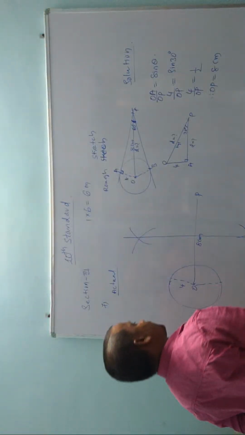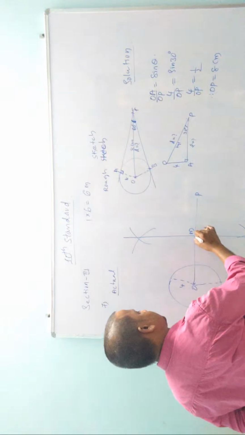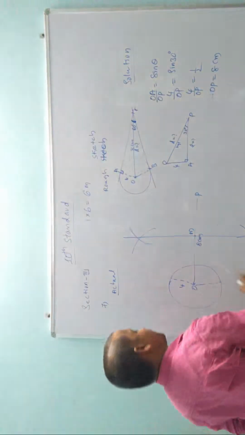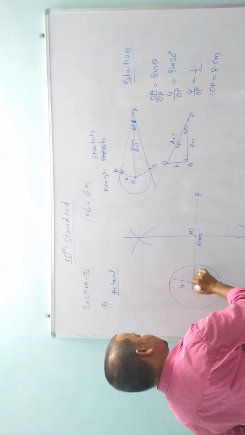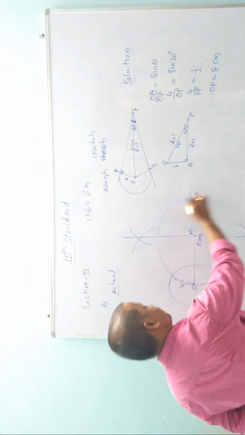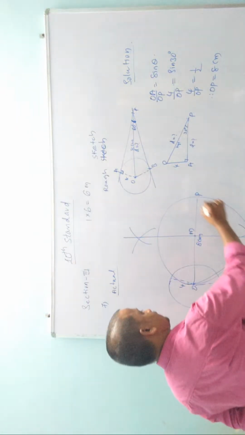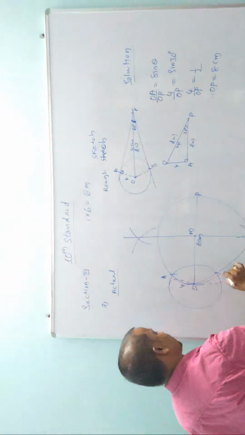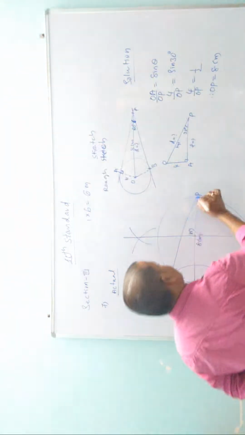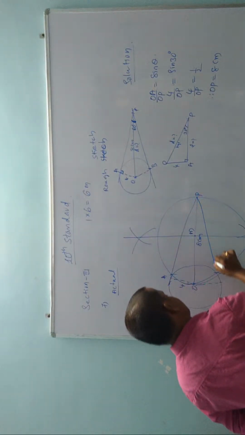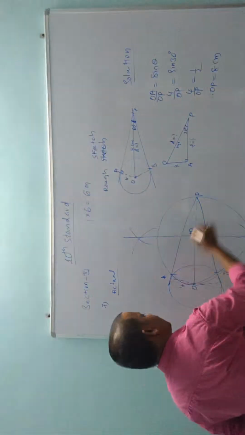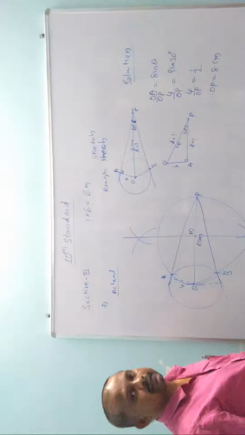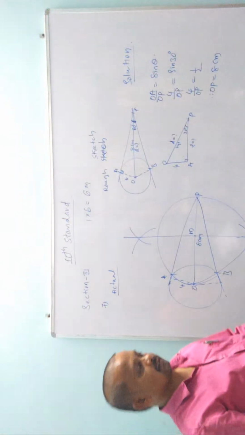It will intersect at M, and with M as center we draw one circle. It will intersect at two distinct points, A and B. We join PA and PB. Then PA and PB are the required tangents to the circle.